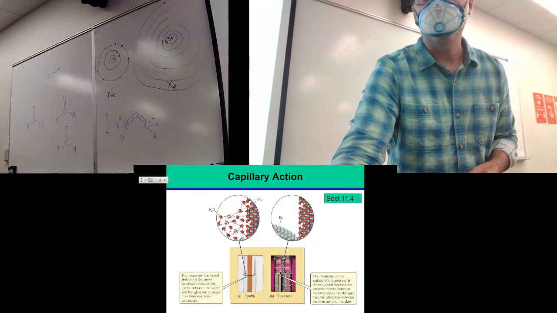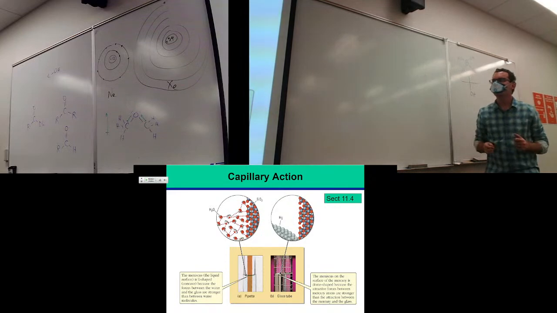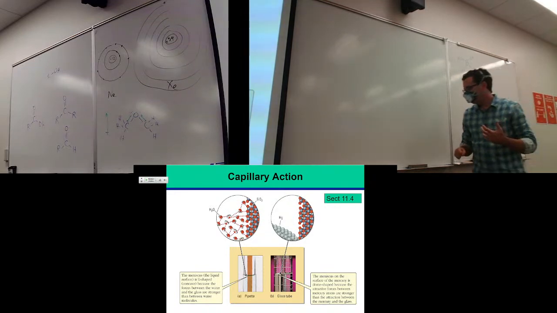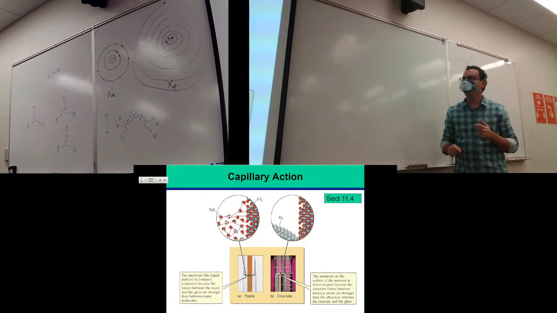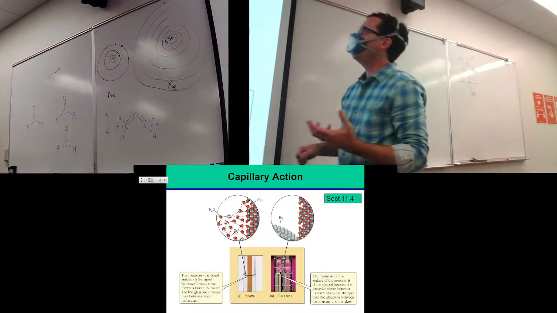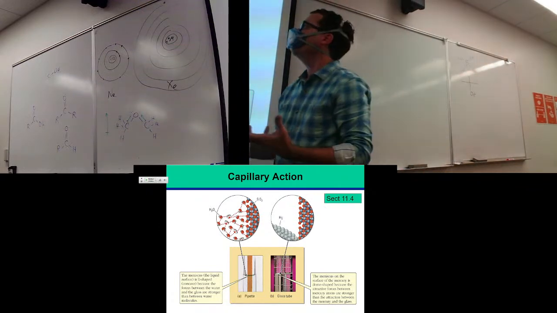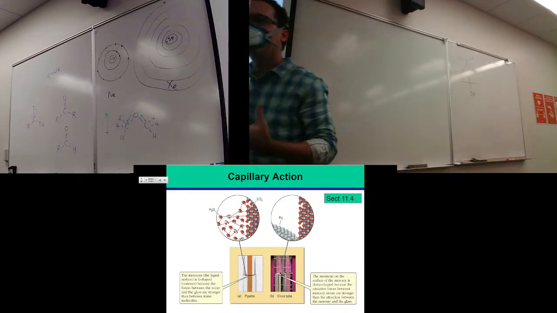Now, last but not least, capillary action. This is a weird one. This is talking about the attraction a molecule has with a glass surface. To understand this, we need to think about what a glass surface looks like. There are lots of different formulas for glass, but generally glass is silicon dioxide.